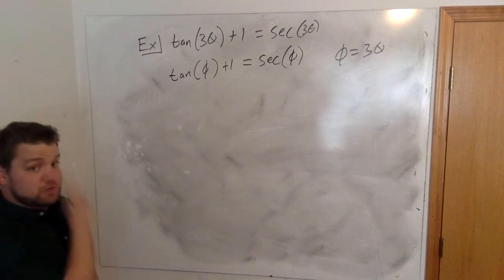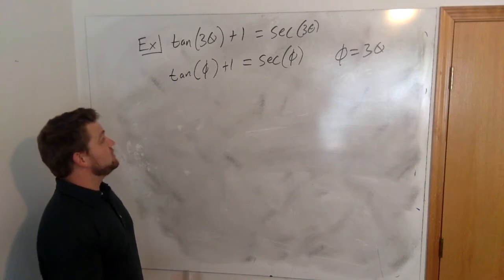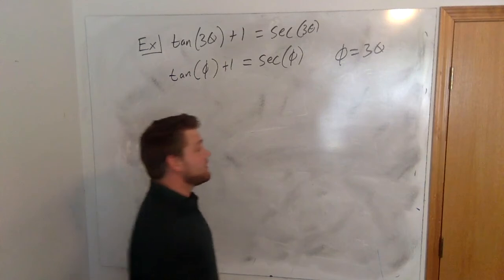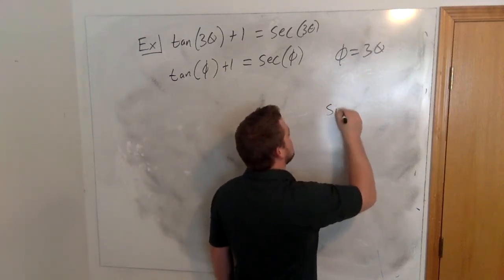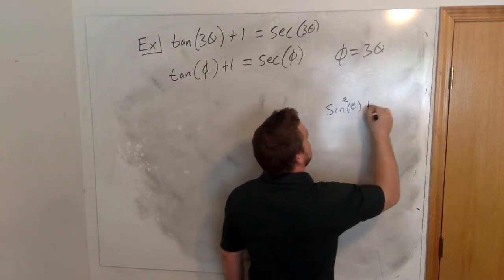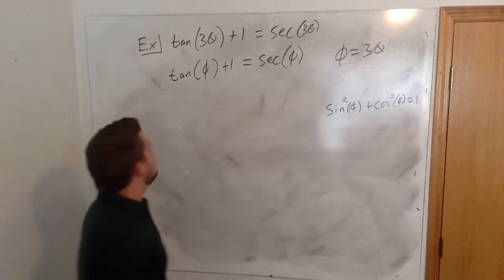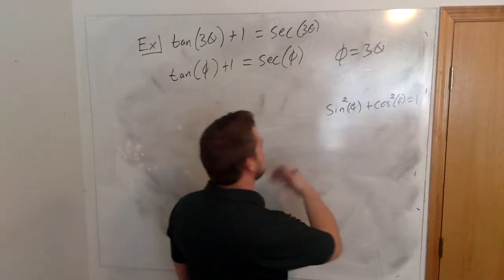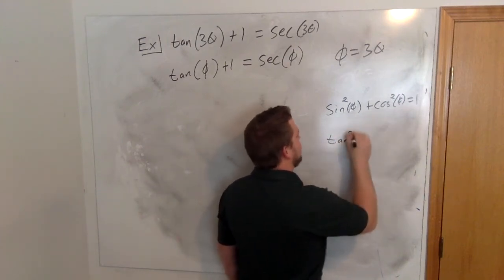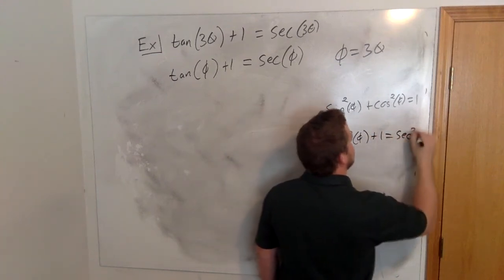Okay, I think there are 2 good approaches here, and I'll show you that they will both give us the same answer. One thing is we could recognize that secant and tangent are related through the Pythagorean identity. So if we remember that sine squared of phi plus cosine squared of phi is equal to 1, and we want a tangent to appear, let's divide both sides by cosine squared, so we'll get that tan squared of phi plus 1 will be equal to secant squared of phi.